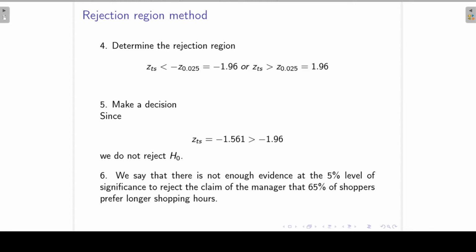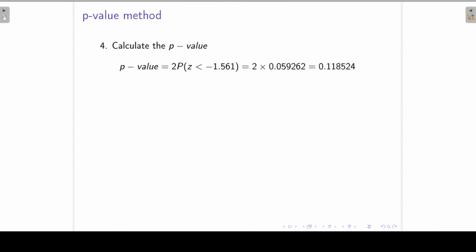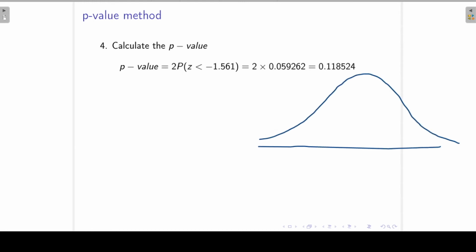So we can redo this from steps 4 onwards for the p-value method. So for the p-value, we calculate the probability that z is less than minus 1.561. So this is my normal distribution. My observed test statistic value is minus 1.561.